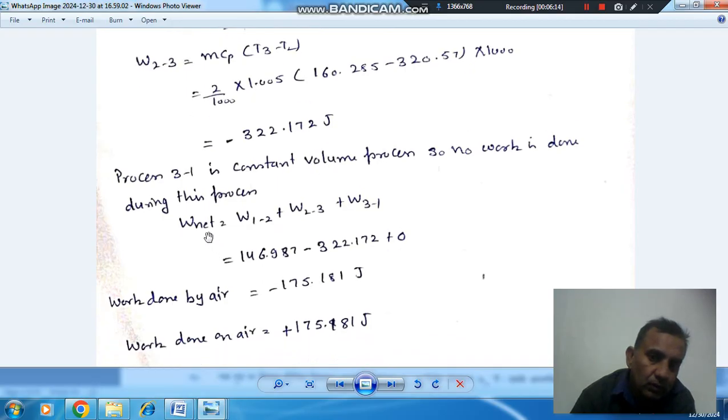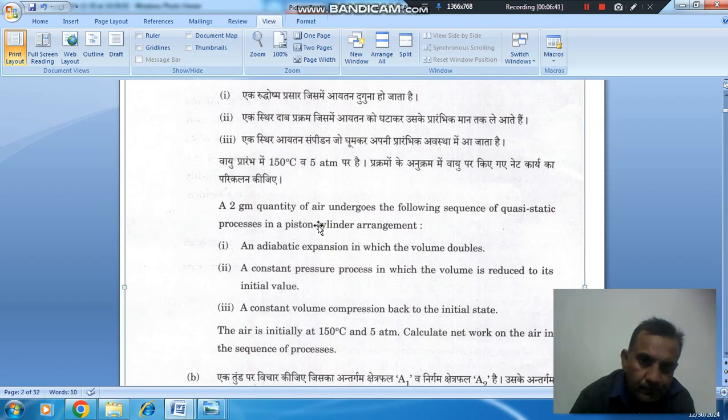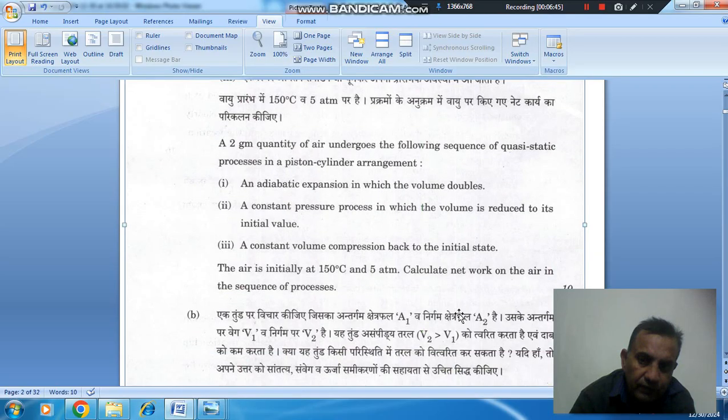So W net is W12 plus W23 plus W31, that is 146.987 minus 322.172 plus 0. That is the work done by air in the cylinder, and work done on air is the negative of this. As it is negative, it becomes positive. So the answer is 175.181, because it has been asked to calculate the work done on air.